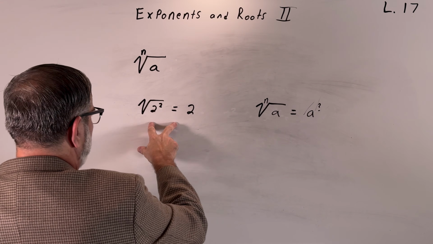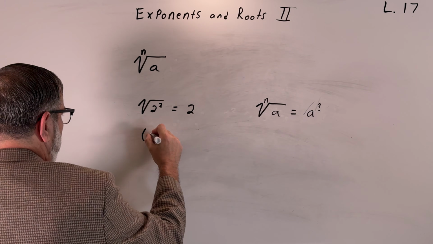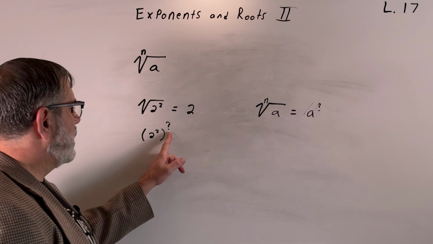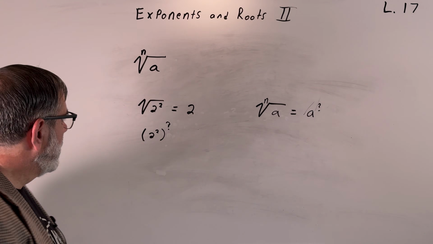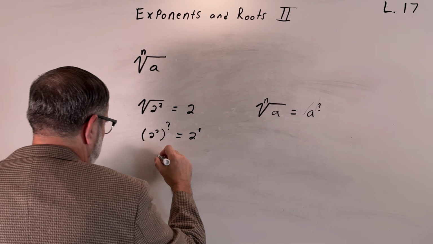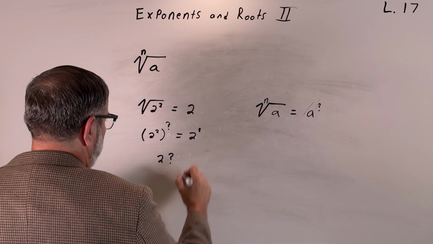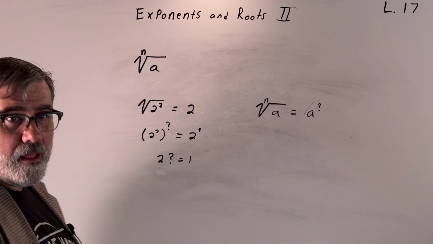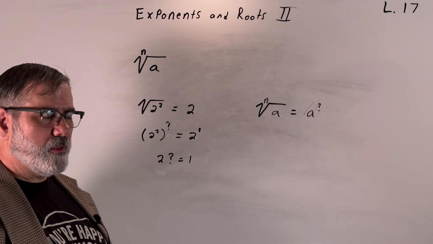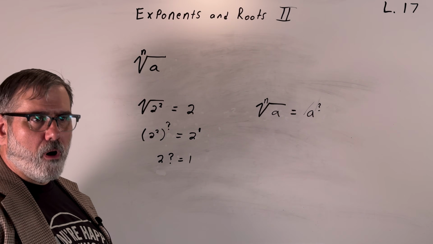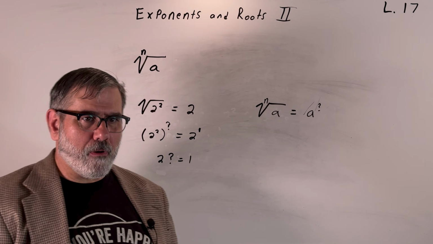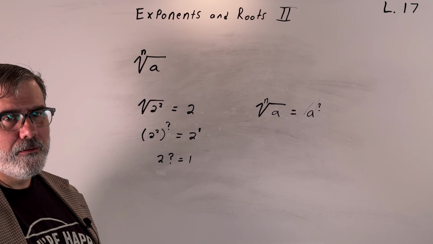Well, working with our square root of 2 squared equals 2 example, write 2 squared, and I raise that to some, I don't know what, so I'm putting a question mark for the exponent there. It's going to be equal to 2 to the 1, you see? So that means that 2 times this question mark must be equal to 1. Now what can I multiply 2 by to get 1? 2 times something will equal 1. Could be 1. What's 2 times 1? 2. Okay, that's too big. So something smaller than 1 then, huh? 0?